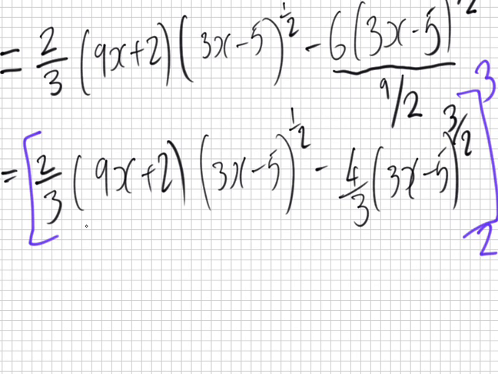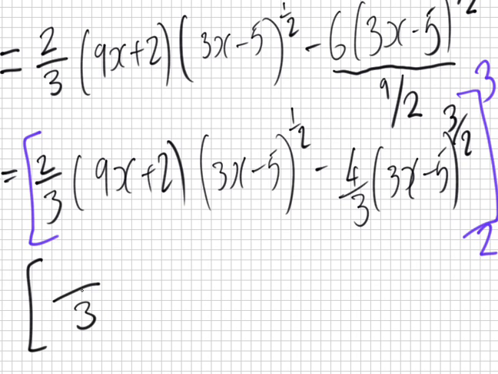Does 3 go into 29? It does not. So let's look at this one. 3 times 3 is 9, 9 minus 5 is 4, 4 to the power of a half is 2. 2 times 2 over 3 is 4 over 3, and then it was 29. So 4 over 3 times 29 is the first one.